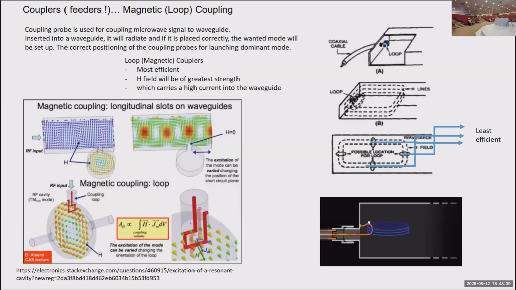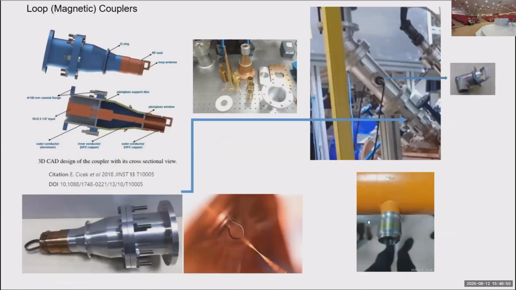And one of the photos that we showed before, a loop in a cavity. That's the real one. We are going from the computer world to the real world. This one is from the computer screen, and of course we need it.